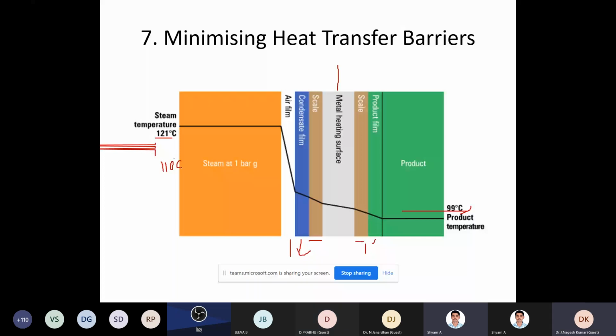You just need to maintain 110 degrees for getting the same 99. Accordingly, your steam temperature or pressure will reduce, your flue gas temperature will reduce. So you save on the fuel.